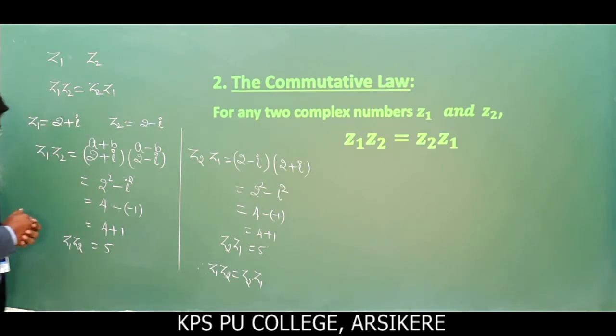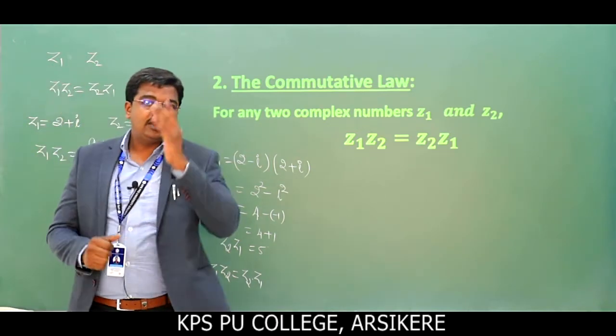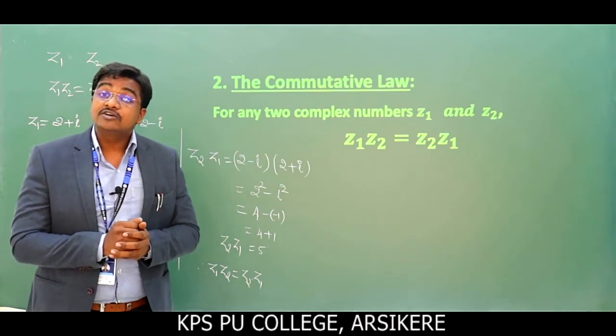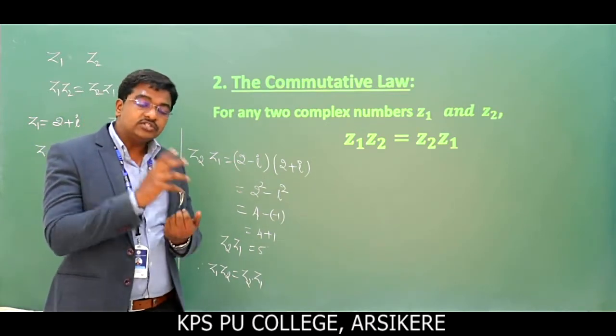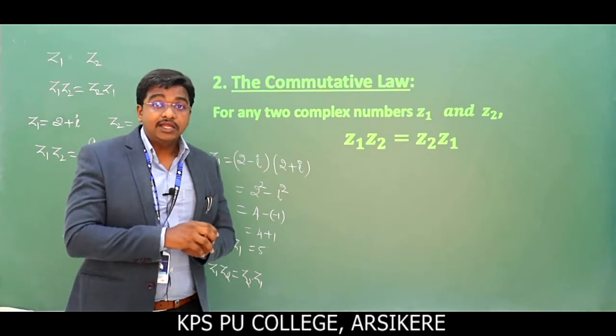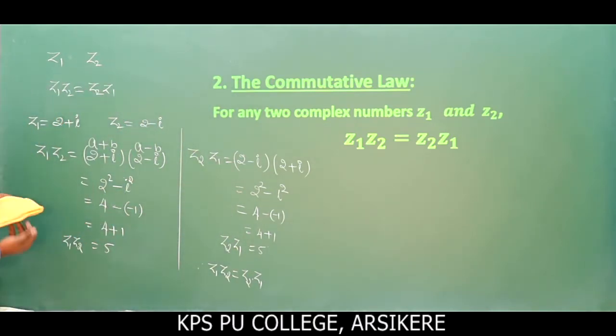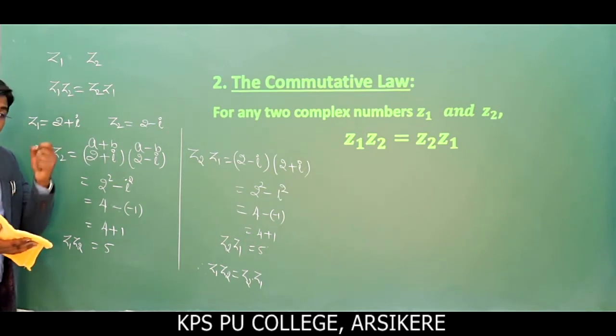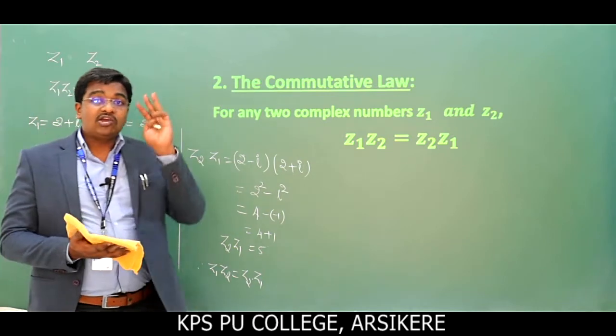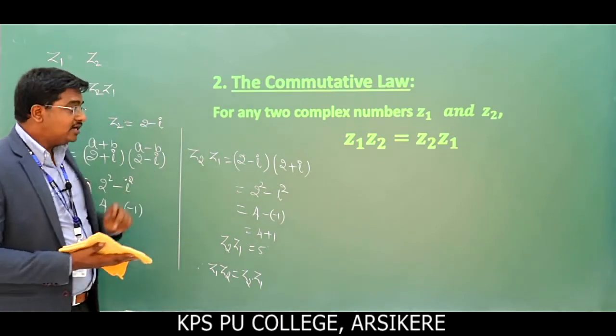Now dear students, we are moving to the next property. The next property is the associative law. For the associative law, in the case of addition we took three complex numbers z1, z2 and z3. Here also, in the case of multiplication of complex numbers, for the associative law we will take three complex numbers z1, z2 and z3.